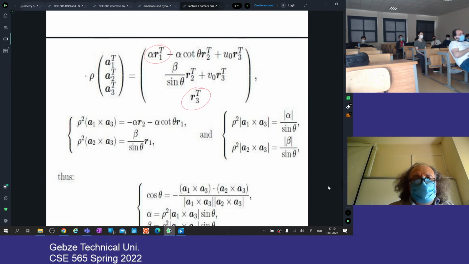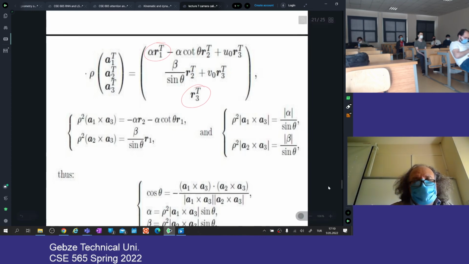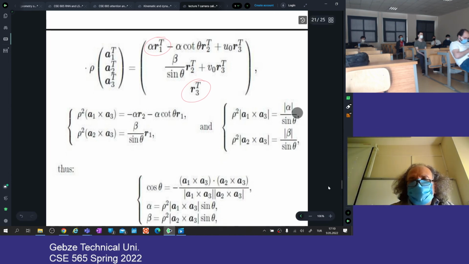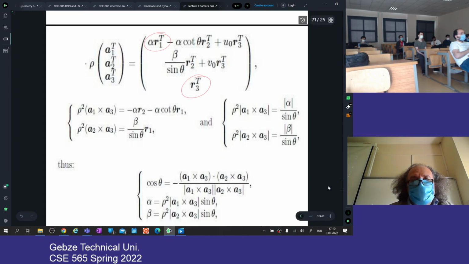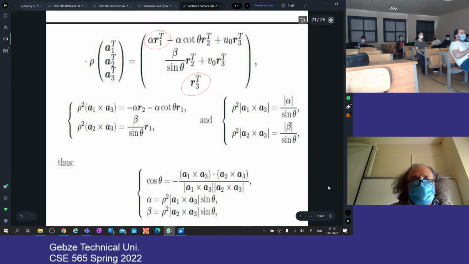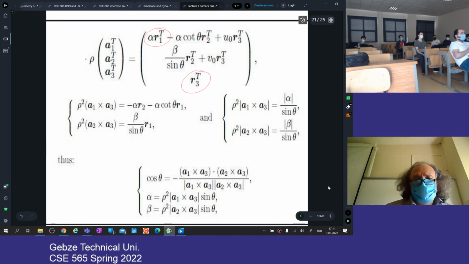If I multiply this by itself, a vector, R1s and R2s will cancel each other, and you are going to end up with this value theta, alpha over sine theta, and take the square of it, beta over sine theta. So what are we doing?